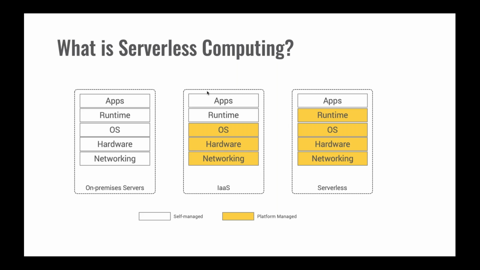But a large part of operating system is also managed by the cloud provider, but apps and runtime is your responsibility. Now, when it comes to serverless, everything remains the same, but you also get runtime. And this is how functions as a service execute. So your app is actually a collection of functions that gets deployed on a variety of runtimes, and they are connected together as a set of microservices to deliver one application.